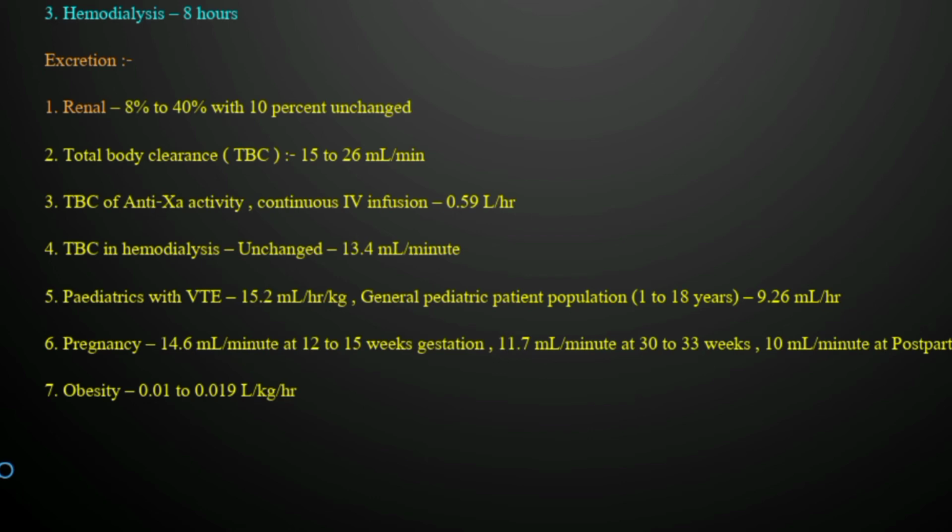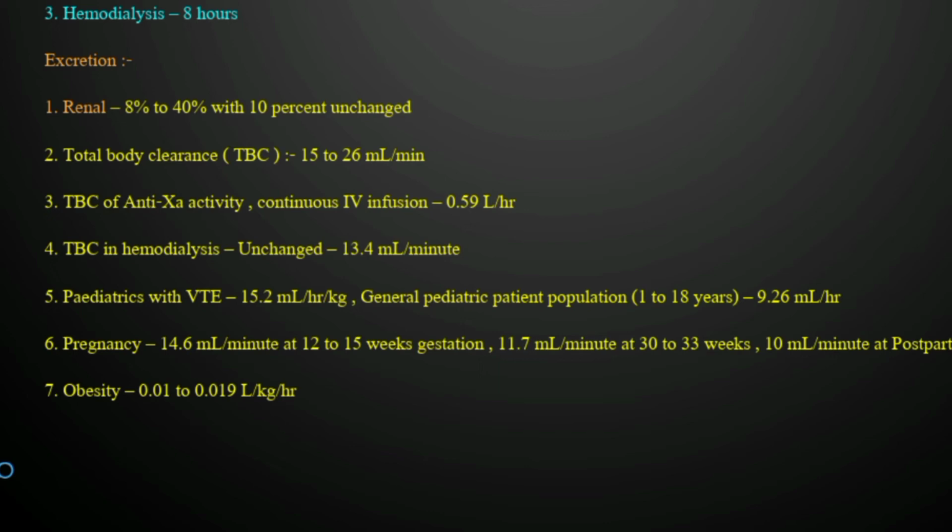Excretion is mainly renal. In the renal route, about 10% is excreted unchanged, with 8 to 40% overall. Next, the TBC, that is the total body clearance, is about 15 to 26 ml per minute.